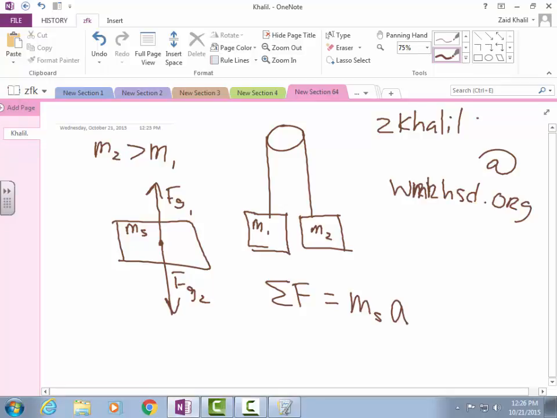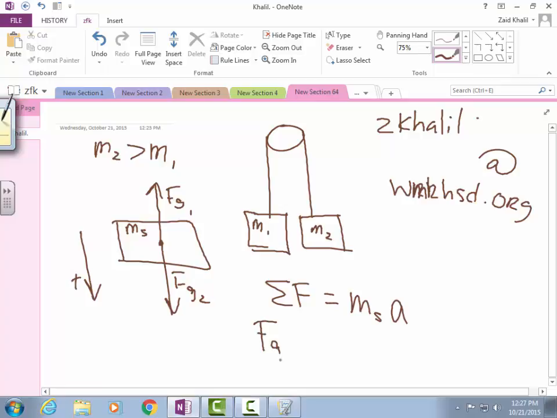This is an Atwood. This is not a problem. I'm showing you guys how you're going to actually solve systems on the multiple choice part of the exam. Because what's the net force here equal to? Well, what do you want to call positive? Let's call down positive. So what do you have?